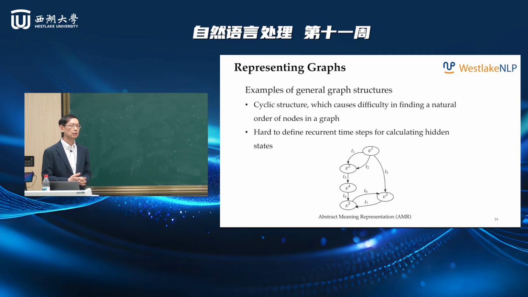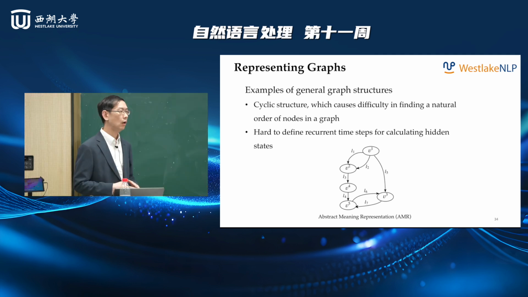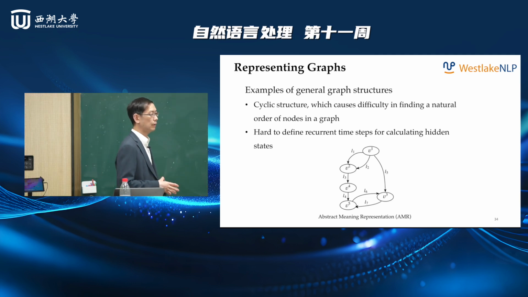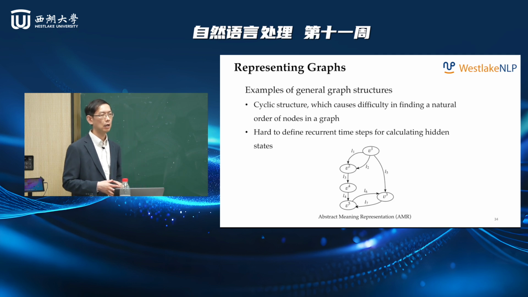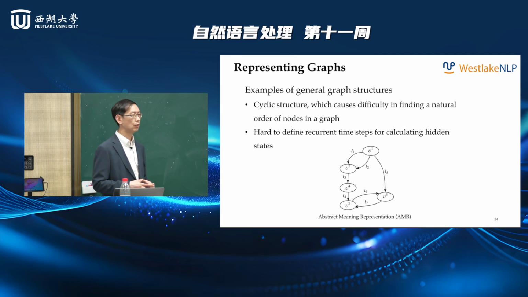All right. So how can you solve the problem? All in all, the whole reason you want to define an LSTM is to allow words, or nodes, to exchange information with each other, right? So no matter whether we have a natural order of the nodes, we know they're neighbors.